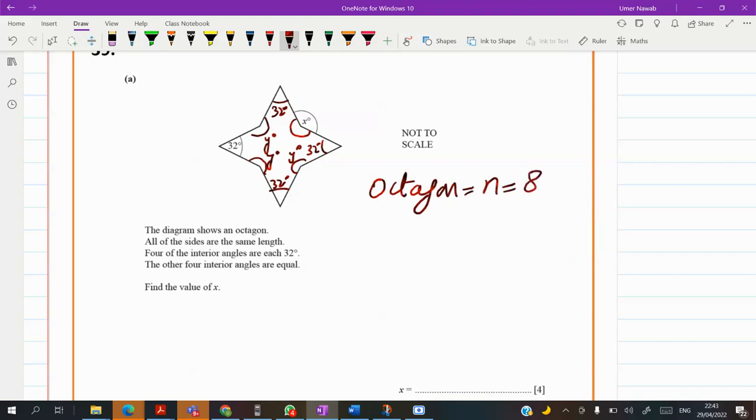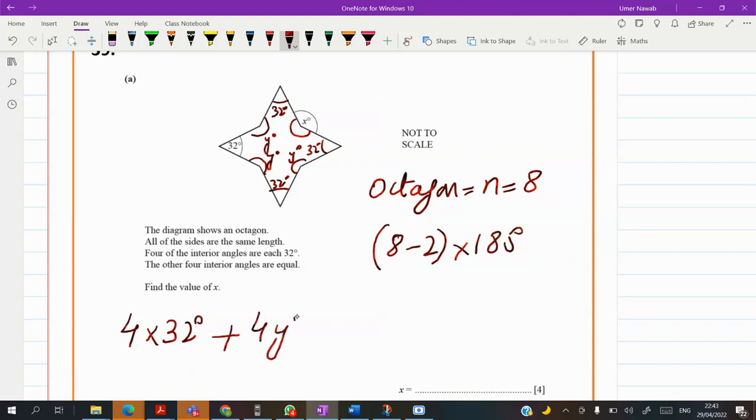What is the sum of the interior angles? 8 minus 2 times 180. Let me write here how many 32s we have. We have four 32s plus four y's, and their sum is equal to 8 minus 2 times 180.